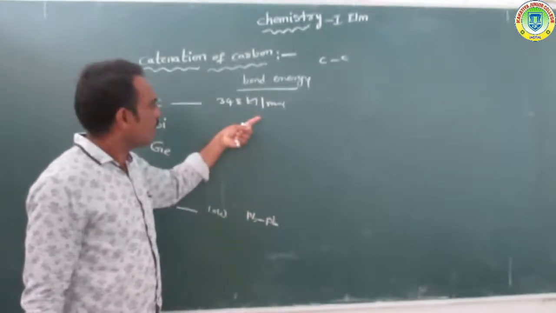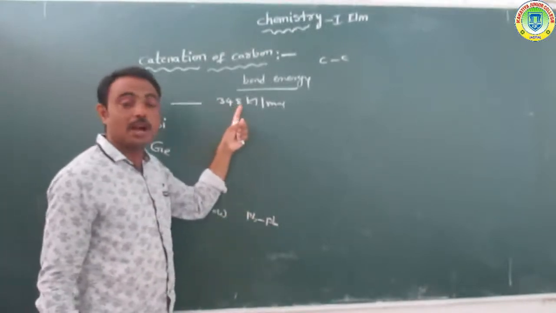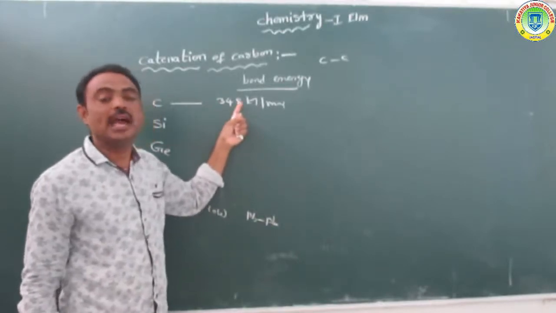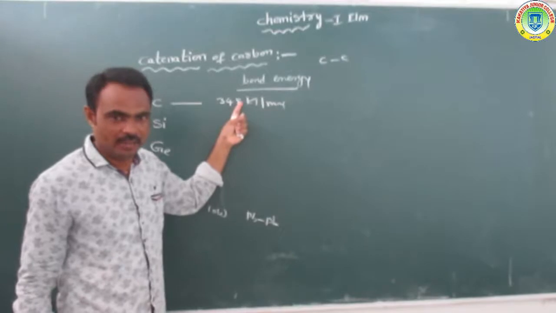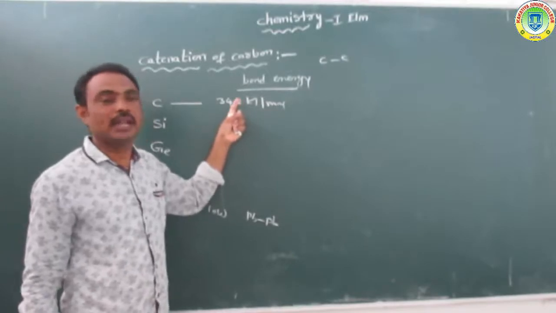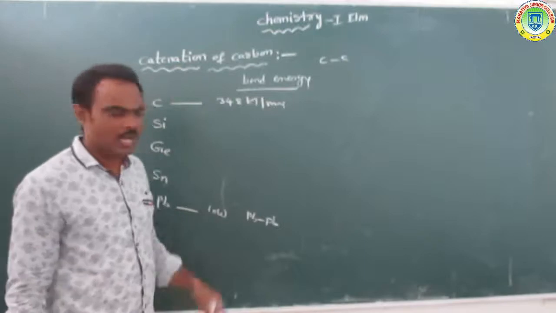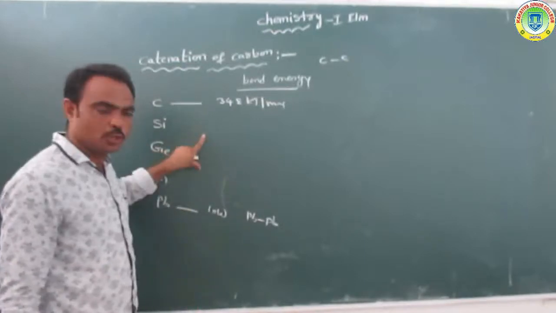So which element contains very high bond energy? That element has very high catenation capacity. What is the concept in this group?